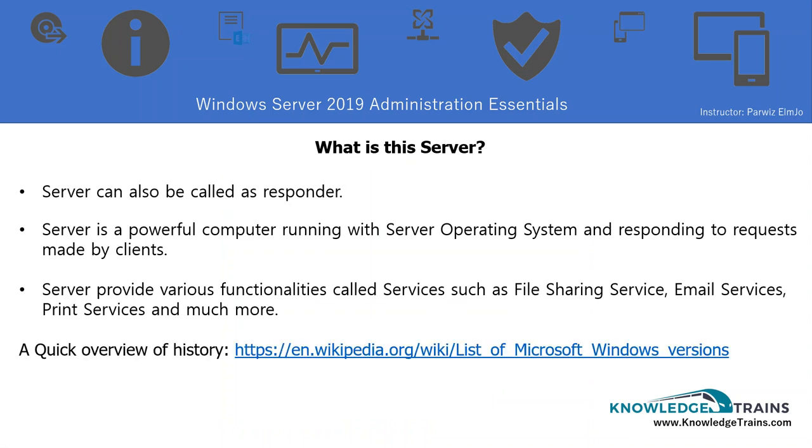Different components can be actually seen in a data center, like I mentioned, network switches, firewalls, servers, and more that are the core components of a data center. So servers provide various functionalities like file, email, print, and much more.